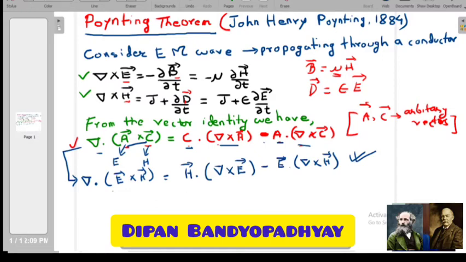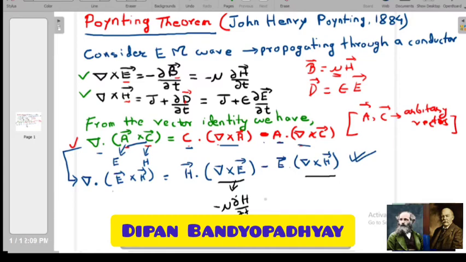Now, if you carefully see this, here we have a curl of E, here we have a curl of H, and from Maxwell's equation, you know what this curl of E is. Curl of E will be minus mu del H del T. Remember this del, sometimes they will call del, sometimes a curly D. It is basically representing the partial derivative.